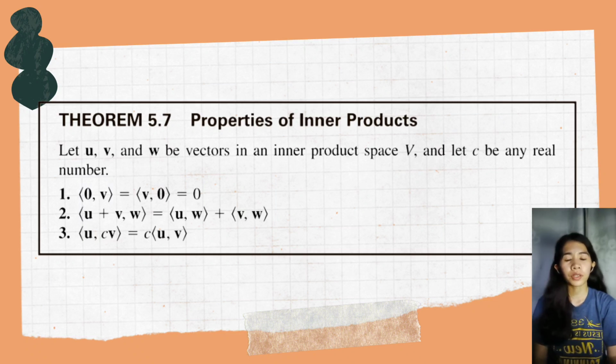And in number 2, the inner product of u plus v and w is the same as the inner product of u and w plus the inner product of v and w. And in number 3, the inner product of u and c times v is the same as c times the inner product of u and v.